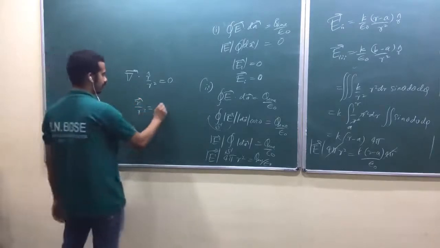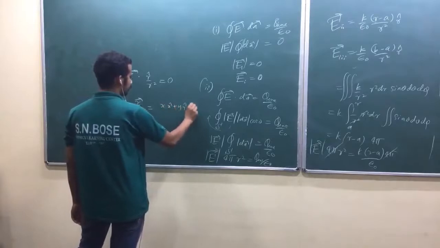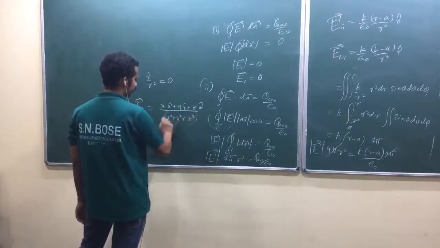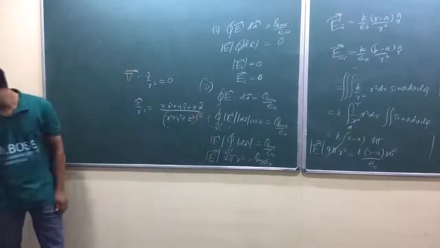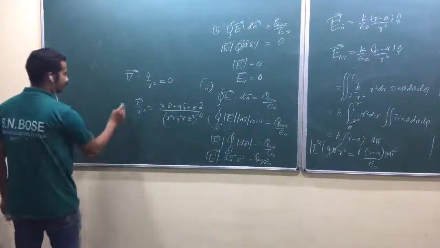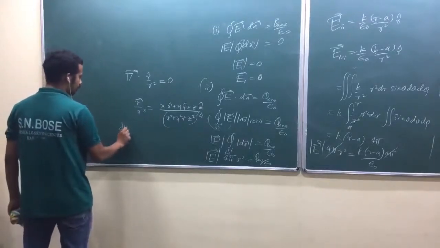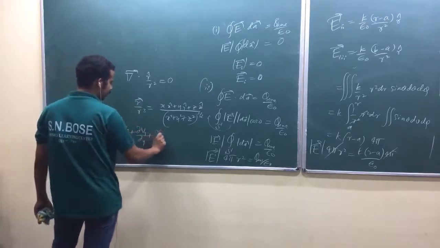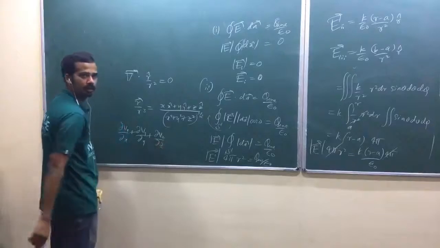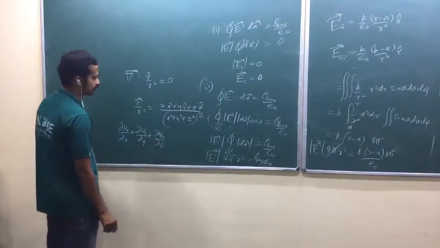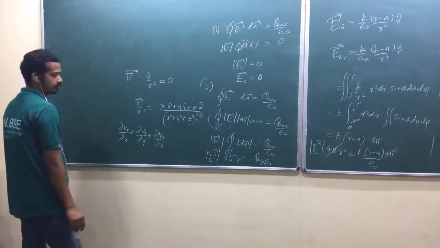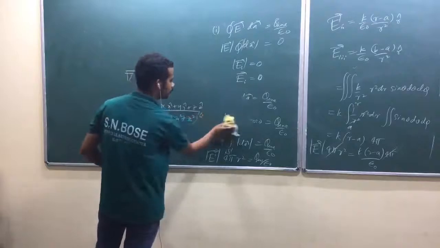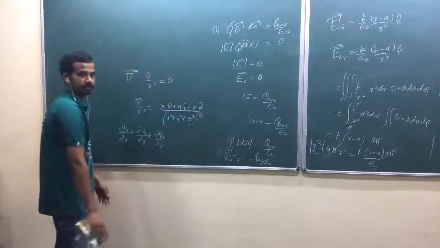We wrote it like that: x cap plus y cap plus z cap divided by (x square plus y square plus z square) to the power 3 by 2. Then we took dou vx by dou x plus dou vy by dou y plus dou vz by dou z. How does it give 0? You will get a total of 6 terms.